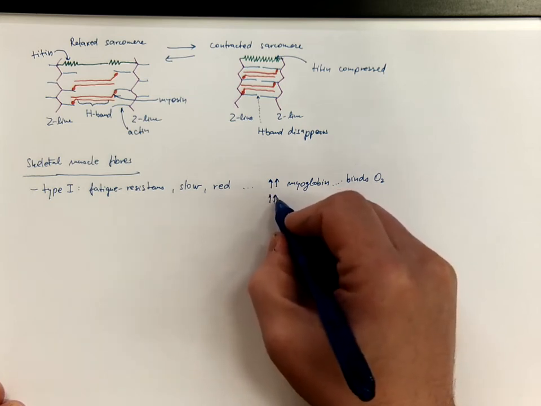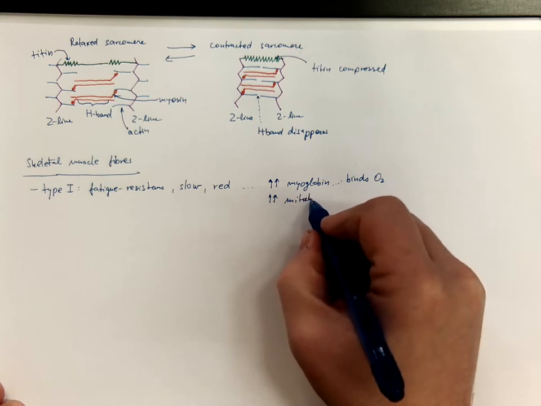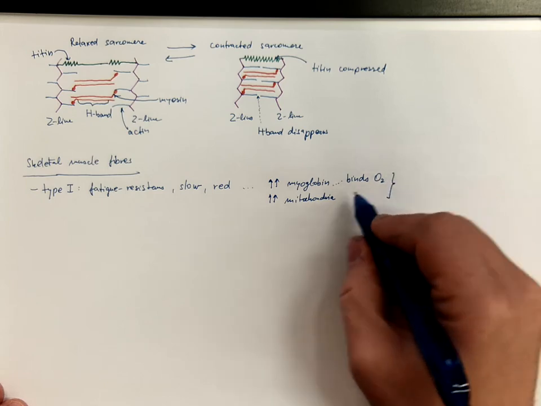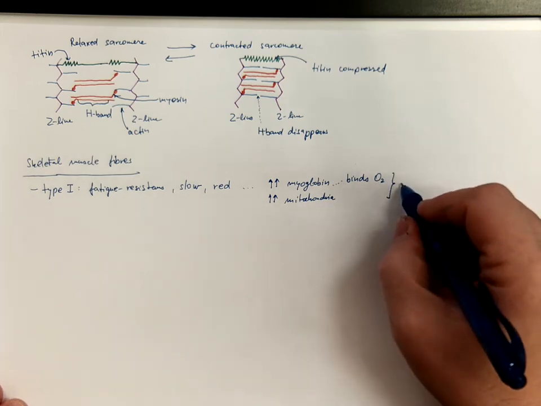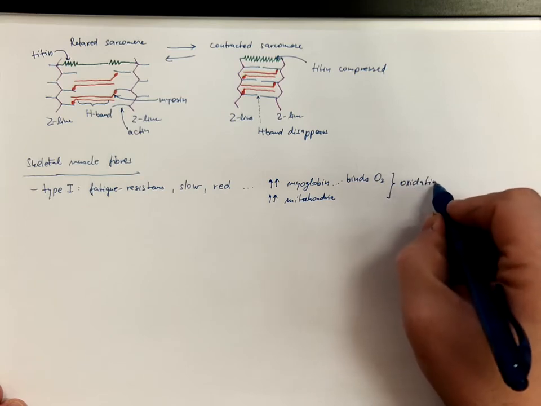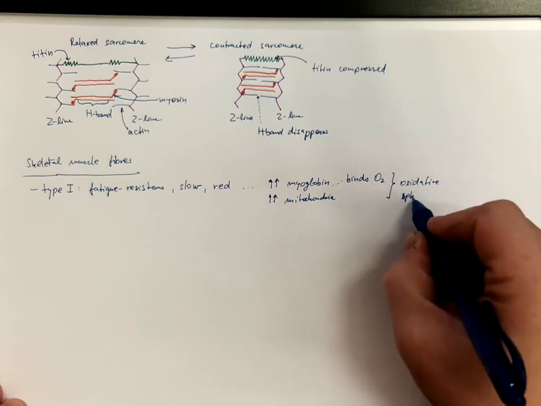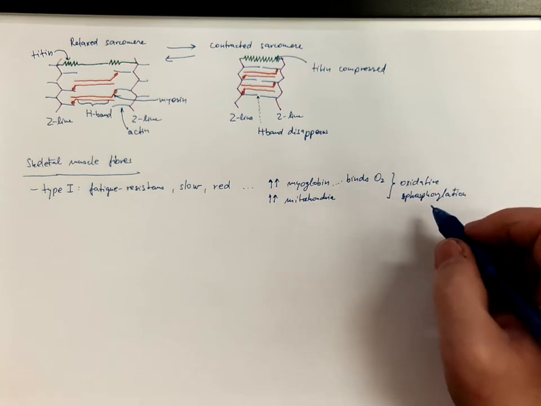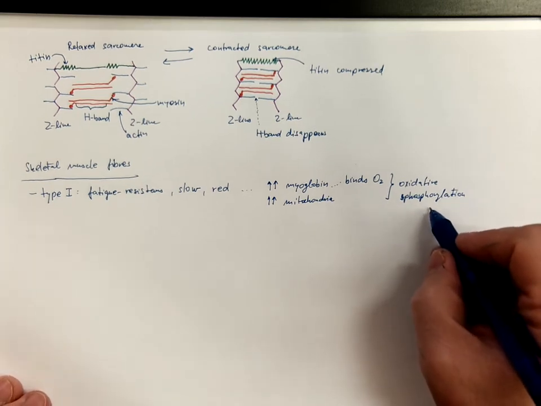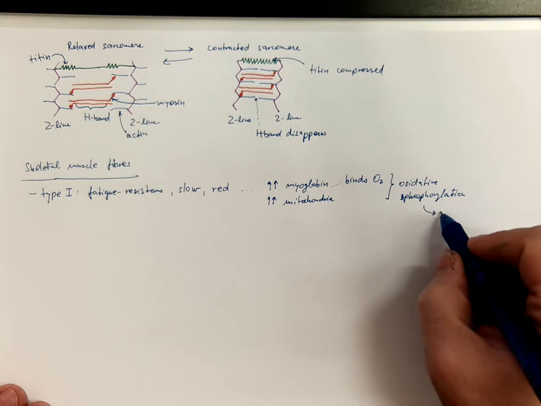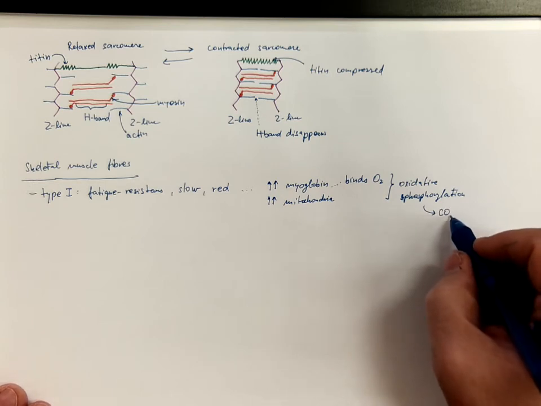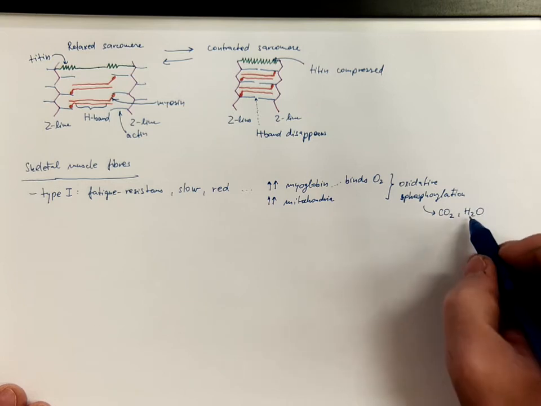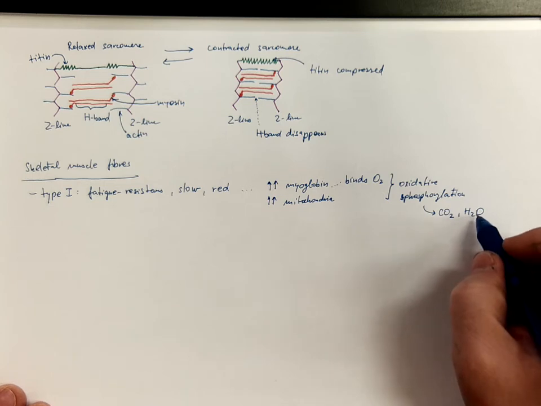There are plenty of mitochondria, and from biochemical point of view, this type of muscle is specialized in oxidative phosphorylation, which is the most efficient process of utilizing glucose and other substrates rich in energy, which produces carbon dioxide and water molecules with very low energy.